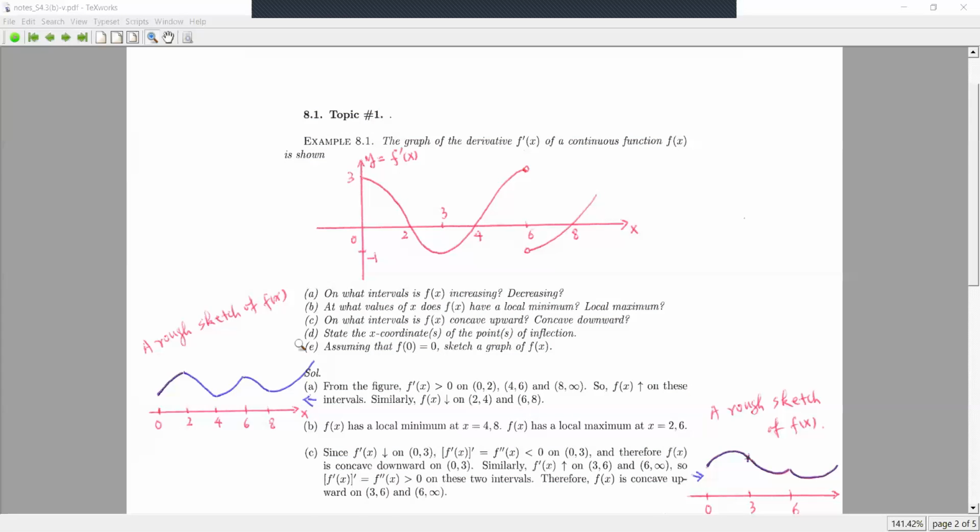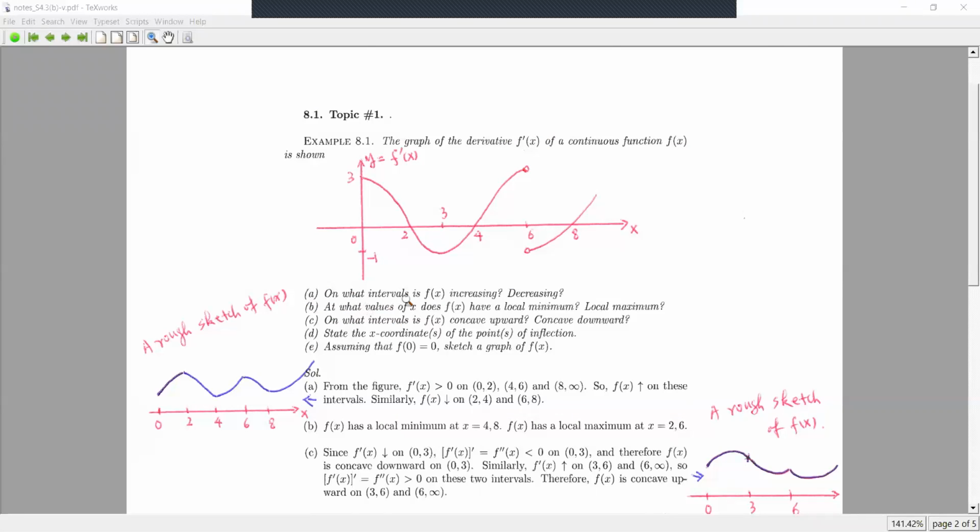And also, all the questions are about function f of x, not about f prime of x. So all these questions are not about this graph, this curve. This curve is the graph of f prime of x.